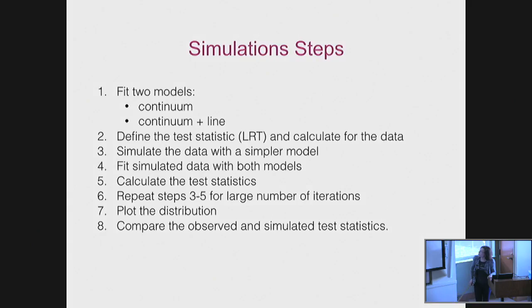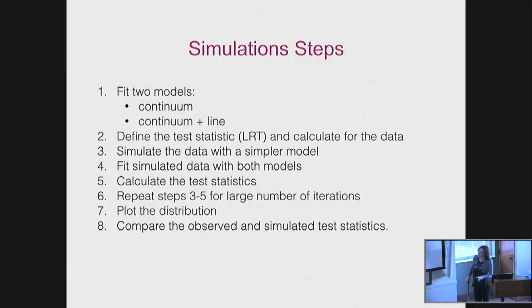So the simulations you do are like this: in order to see whether the line is detected or not in my continuum, in my spectrum, I have two models. One is without the line, so I have continuum, and one model is with continuum and line, and they are not nested, right?